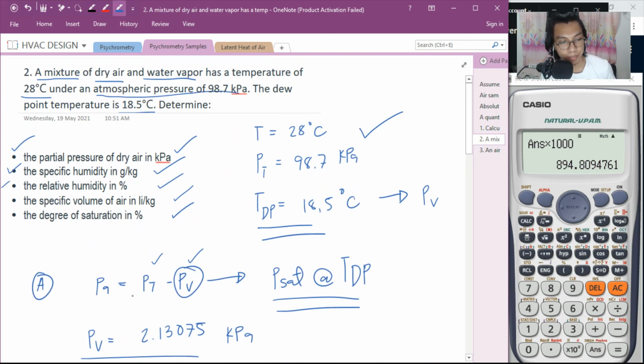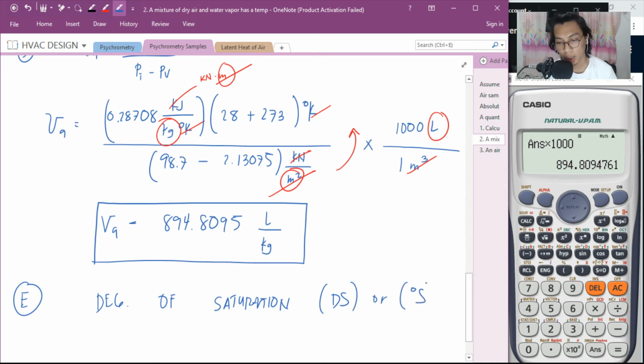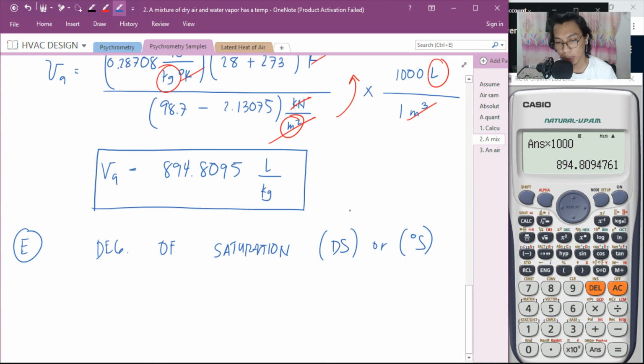Ay, ano pa hinahanap? Letter E. The degree of saturation. Now, by formula, the degree of saturation is simply degree of saturation or DS. Or, pwede rin, degree S. Yan. Ako, ginagamit ko ito.